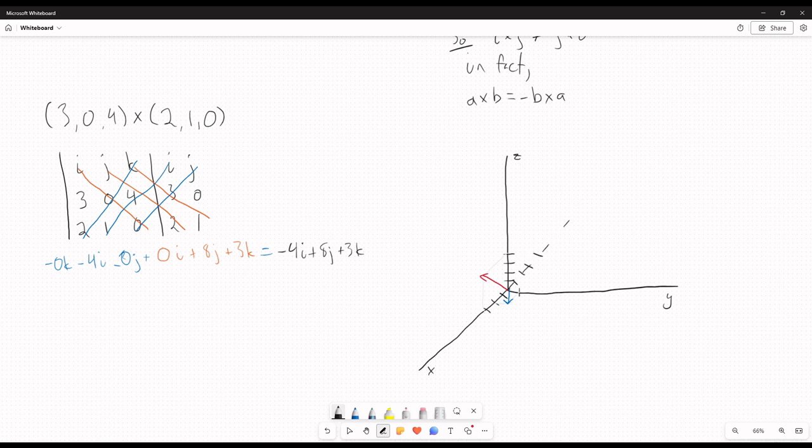We'll have 8j, 1, 2, 3, 4, 5, 6, 7, 8. And 3k. So what will that look like? We'll have negative 4, and then 3k.